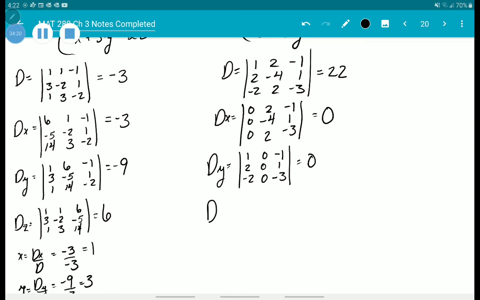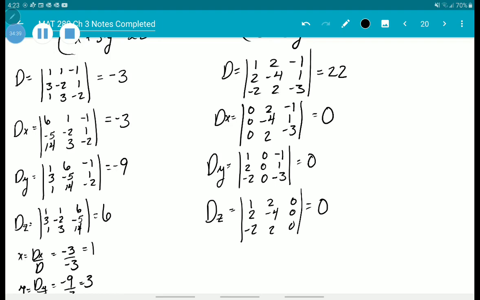There's 0. Anytime you have a column or a row of zeros, the determinant's going to be 0. And we're going to get 0 for that determinant.